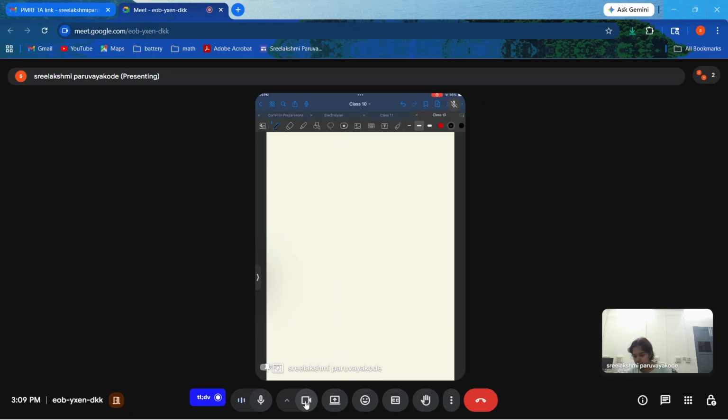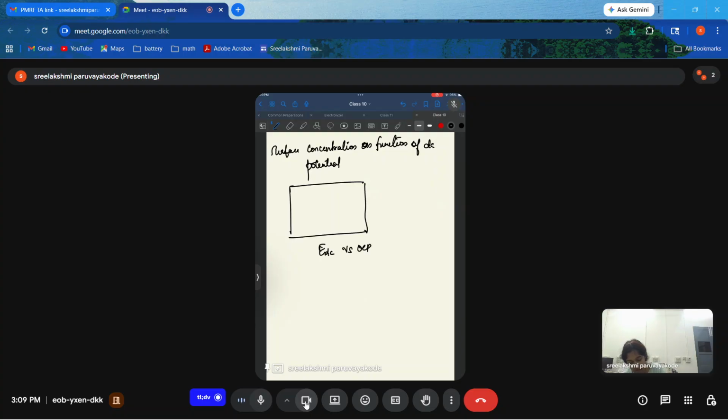Now the next thing is surface concentration as a function of DC potential. Same thing, you have EDC versus OCP, and you have concentration. So this is zero, this is the negative side, and this is the positive side.